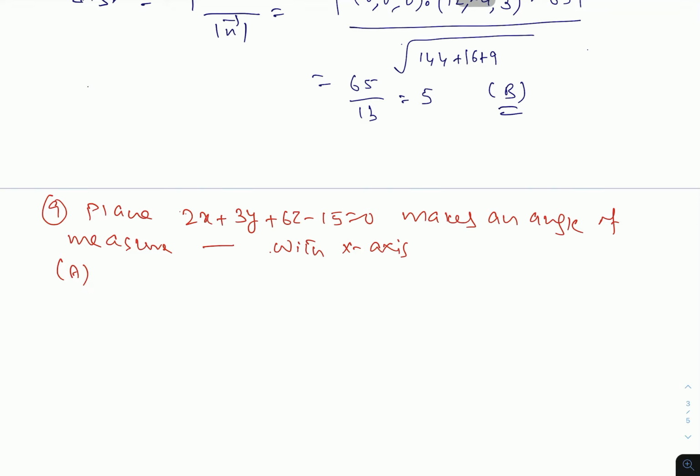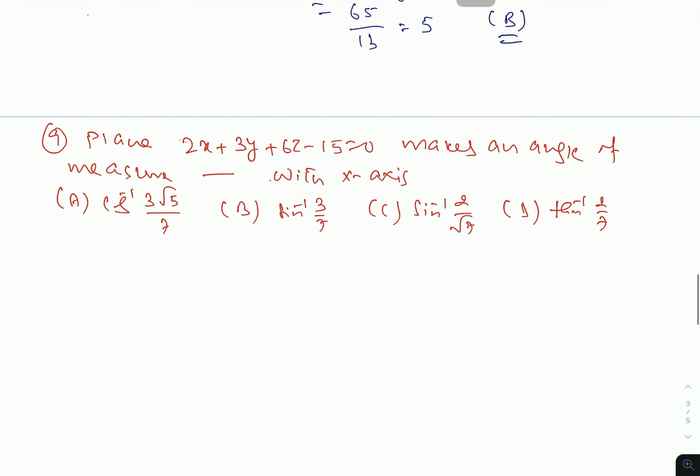Options are cosine inverse 3 root 5 by 7, sine inverse 3 by 7, sine inverse 2 by root 7, tan inverse 2 by 7.